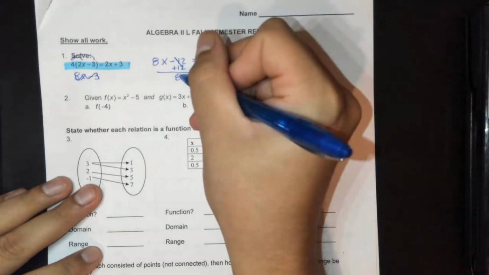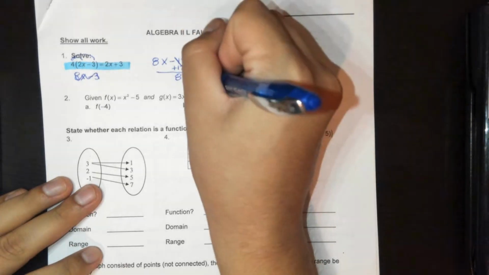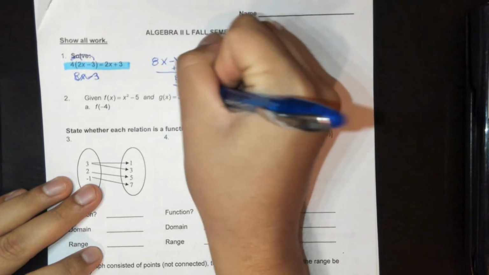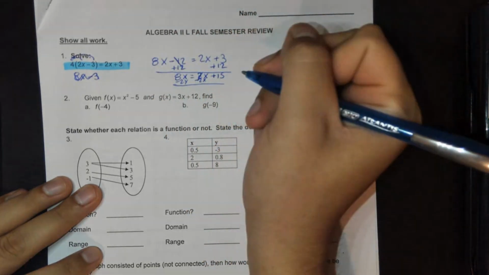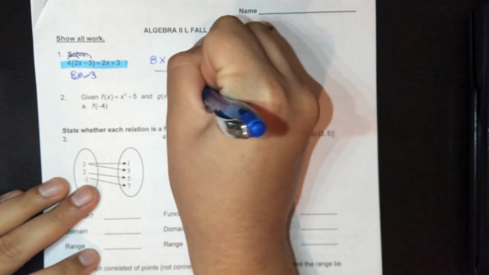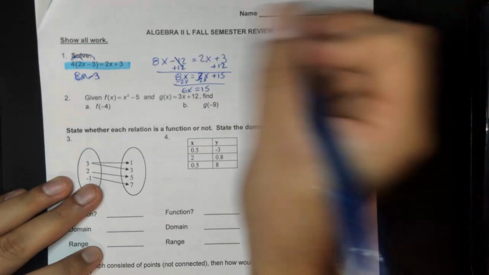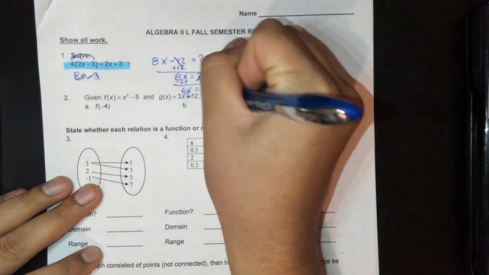Alright, so we got 8x equals 2x plus 15. Now I could subtract the 2x. That's going to give us 6x equals 15. And then last thing I'm going to do is divide by 6.